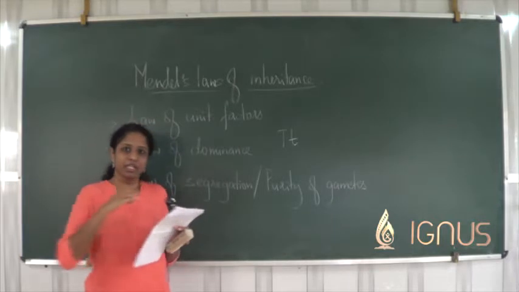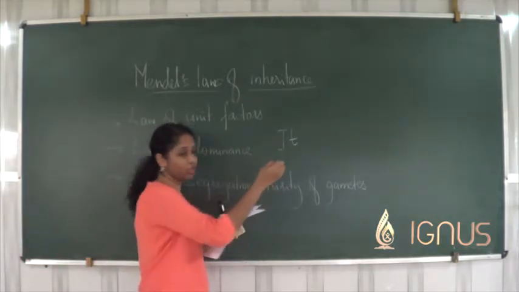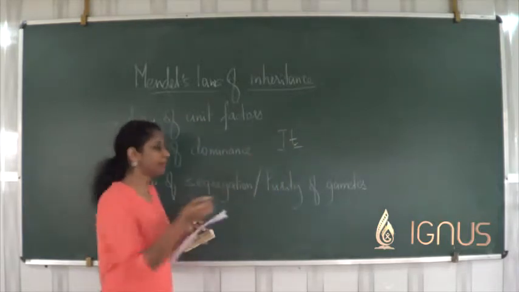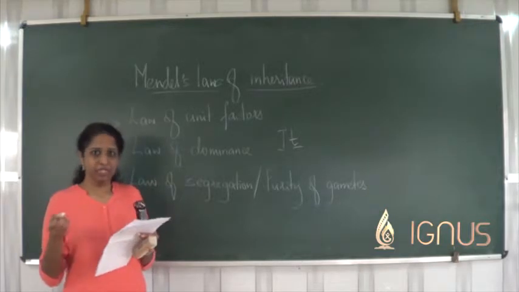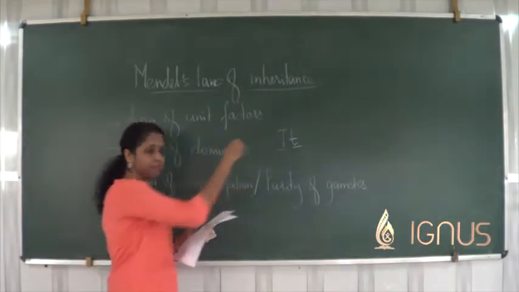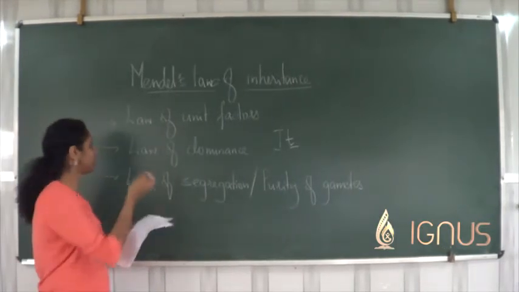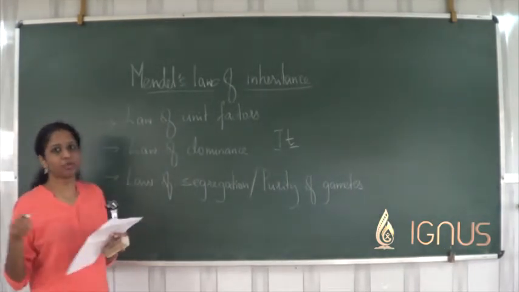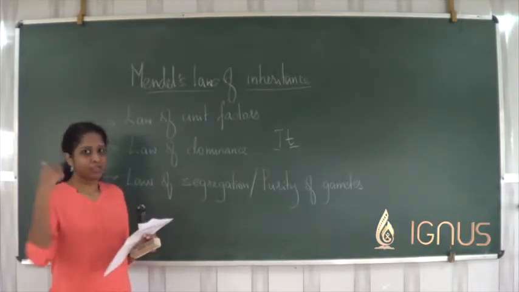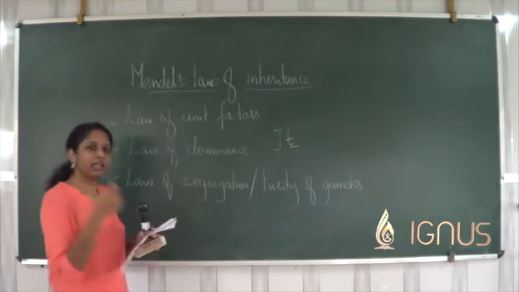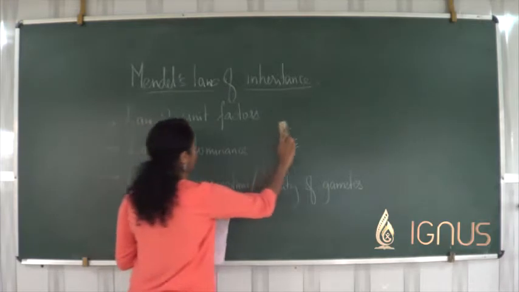Phenotypically it is tall, but genotypically it has both the alleles for tallness and dwarfness. But because the tallness allele is dominant, it is going to get expressed over the recessive allele, which is the dwarfness allele. So the law of dominance is saying that when you take a pair of alleles, one of them is dominant over the other, and that gets expressed every single time. Okay, so that is the law of dominance.